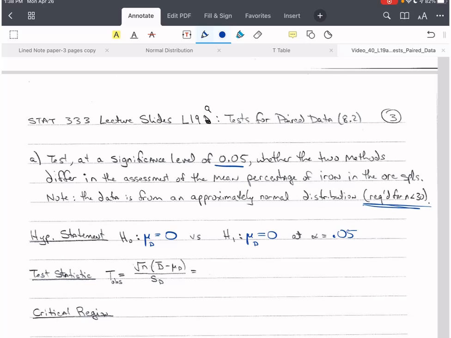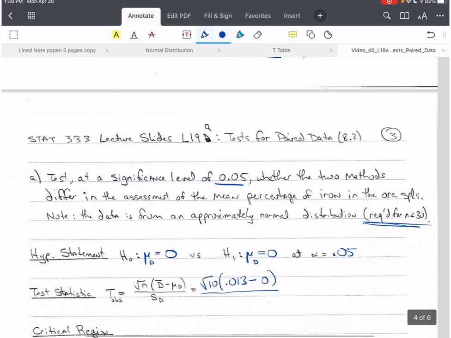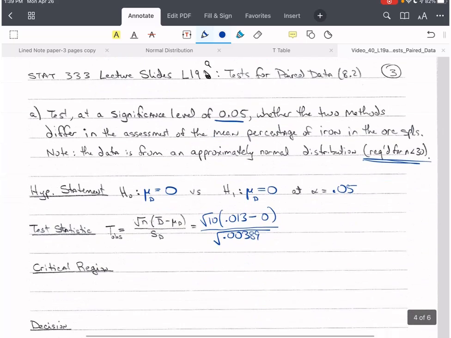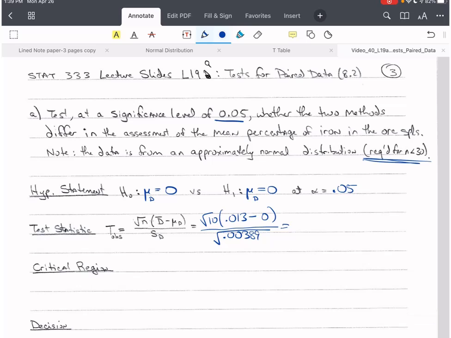So the square root of n, which is 10, d bar was 0.013 minus mu sub d which is 0, over s sub d, which was 0.00389. But square root, don't forget to square root. This is S d squared. We need S d. So this is going to be the square root of 10 times 0.013.